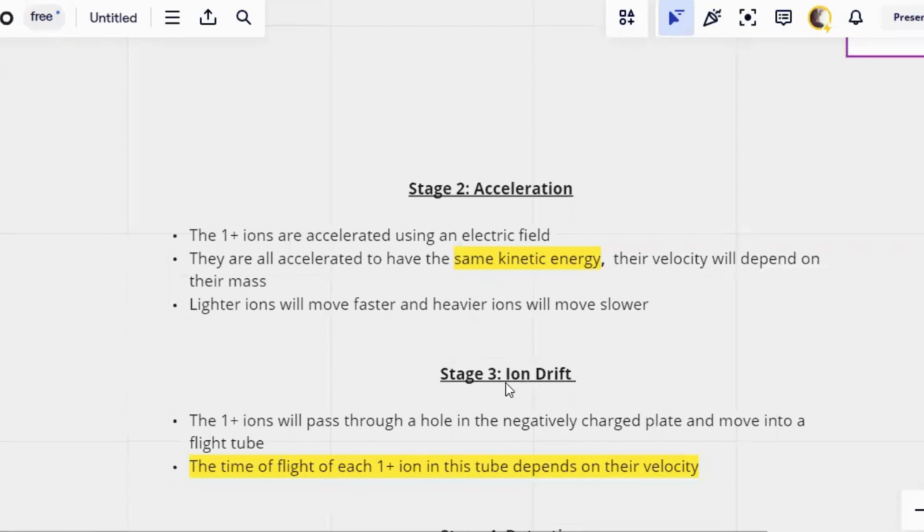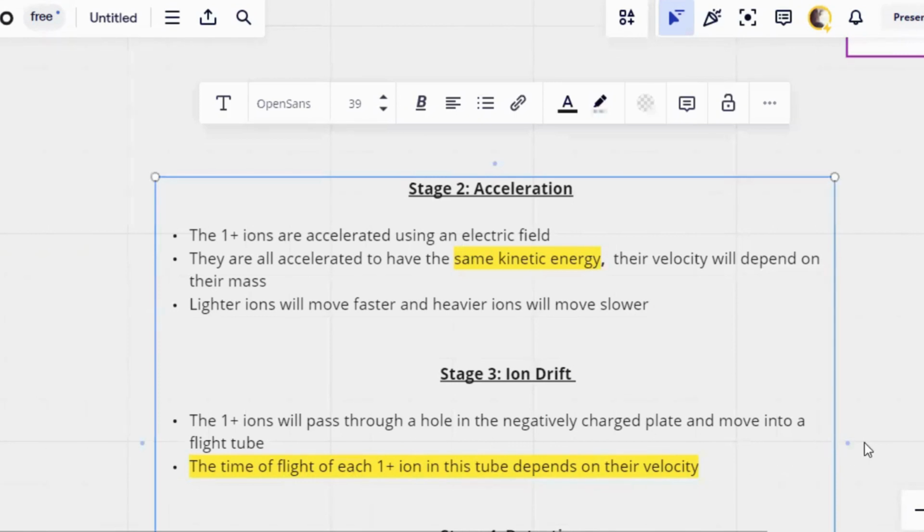The time of flight of each positive ion in this tube depends upon their velocity. Again, this is important to remember when completing the calculations. I have highlighted the important points here on the board.